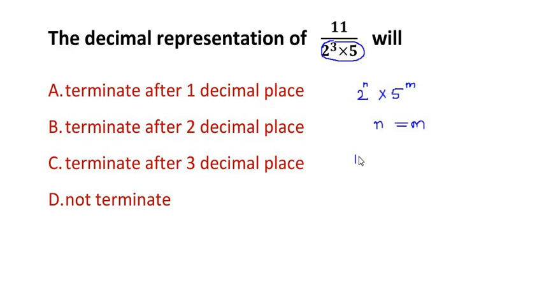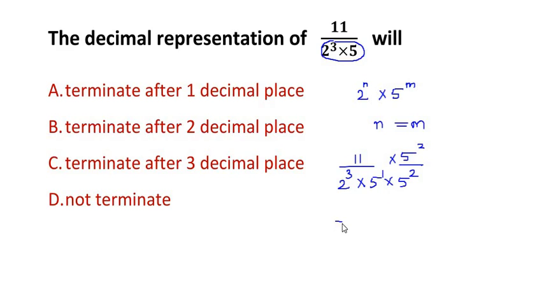So I will write the numerator 11 and the same denominator, 2 to the power of 3 times 5 to the power of 1. Since I have to change this 1 to 3, I am going to multiply the numerator with 5 square and also the denominator with 5 square.